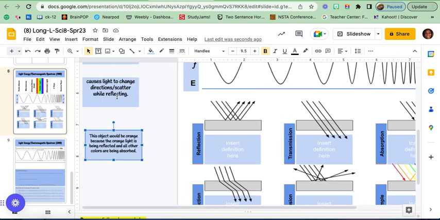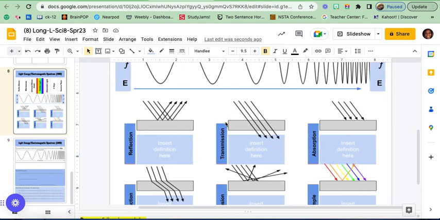You would go look for that definition to match to the visual that you see here. Here, light waves are passing through. It's called transmission. Here, the light is stopping at the object, right? This is a solid object.